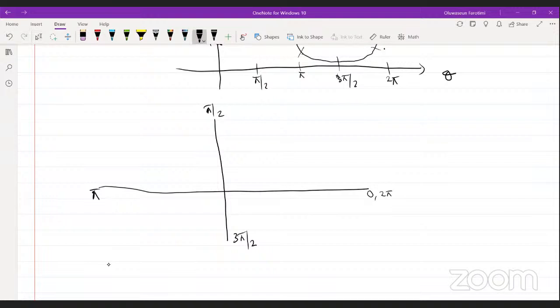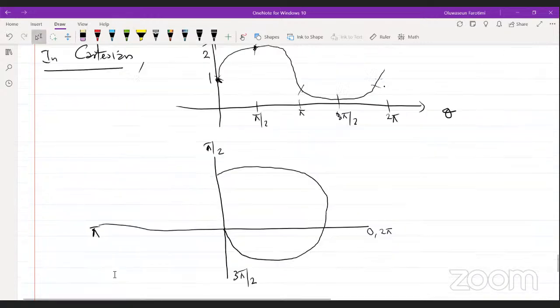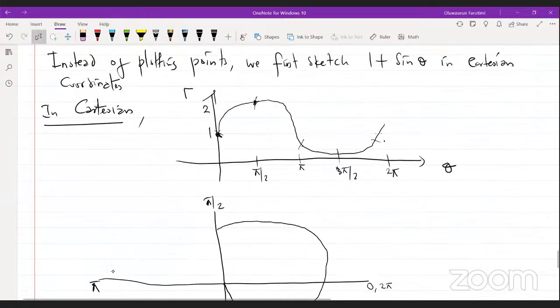Okay, so when you put this together, I have something like this. Now, why do I have this? Now, from 0 to pi over 2, what happens? We're increasing. This guy to this guy, it's increasing.